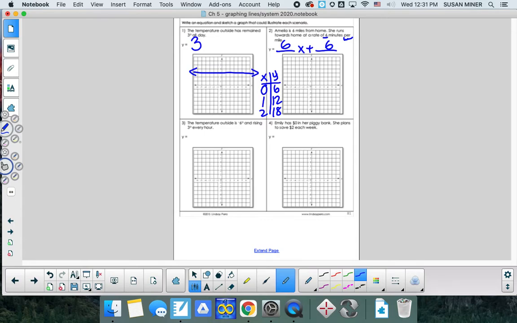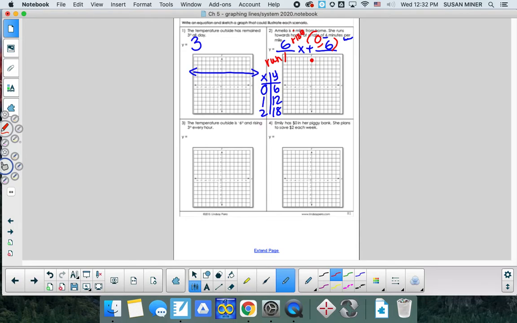So I can start by putting a point where x is 0 and y is 6. And then I can use my slope as a rise and a run in order to find the next point. And remember, if I try and rise 6, I'm going to go way up off this graph.